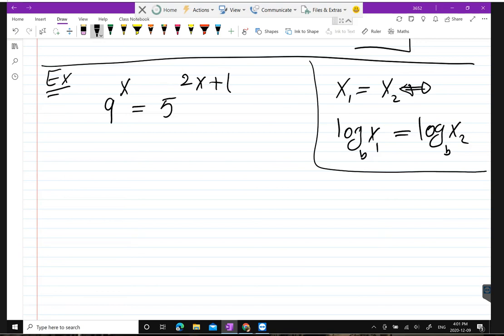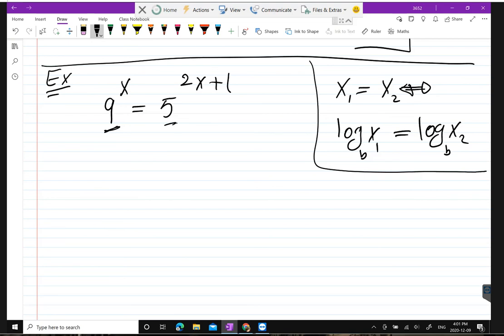Okay, now if you take logarithm of both sides, which base? Base anything. But I strongly recommend you take base one of these two numbers, whatever you wish, because your calculation will be much easier and shorter.